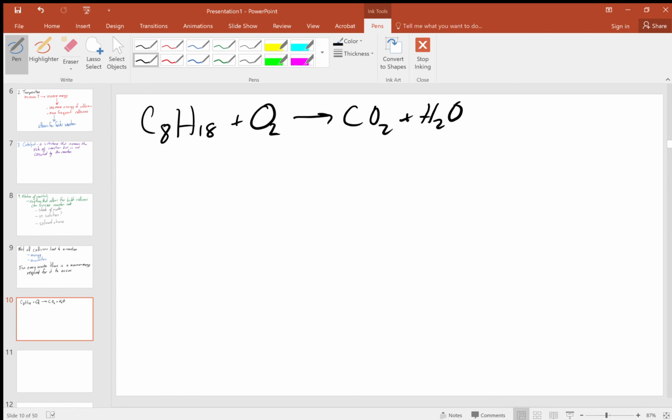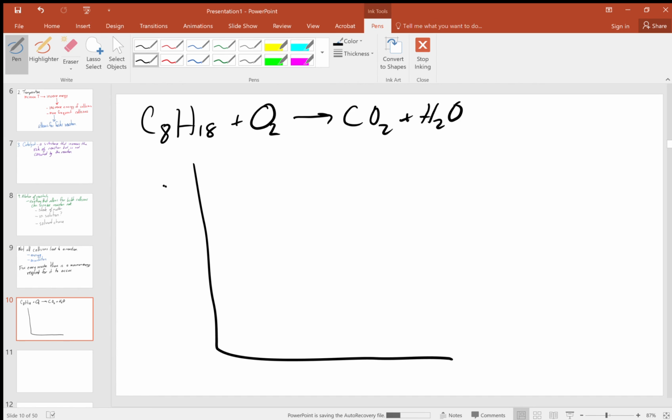Does this reaction happen spontaneously? Well, hopefully the answer is no. Because if this did happen spontaneously, then whenever you go out to your car, there won't be any gas left. There might not even be a car left. So what has to happen for this reaction to take place? We have to provide a certain activation for it.